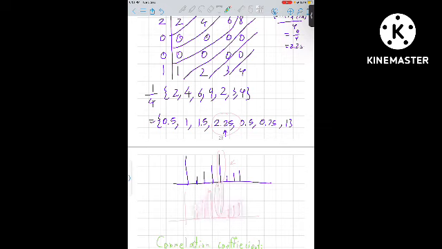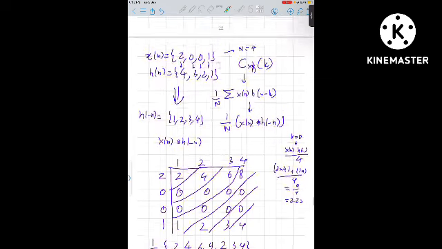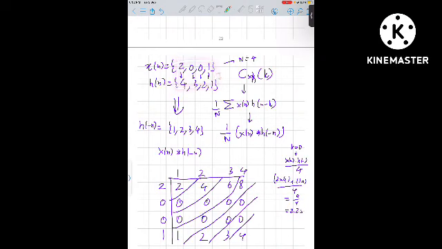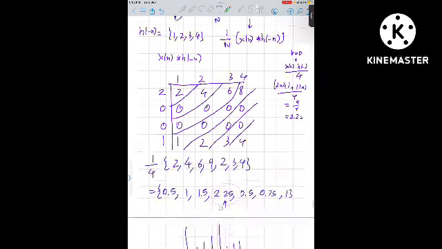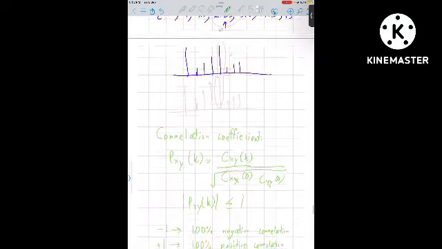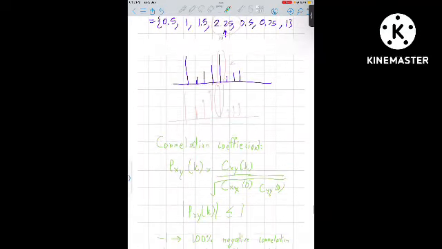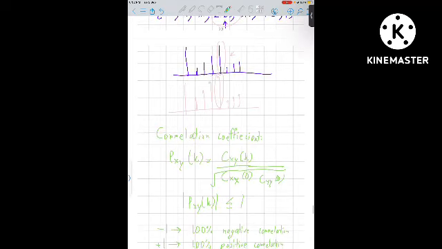In order to obtain better estimates, if you want to avoid this 1 upon N thing, what we often do is use another thing called the correlation coefficient, sorry for the wrong number, which is rho_xy[k] = c_xy[k] upon c_xy[0].